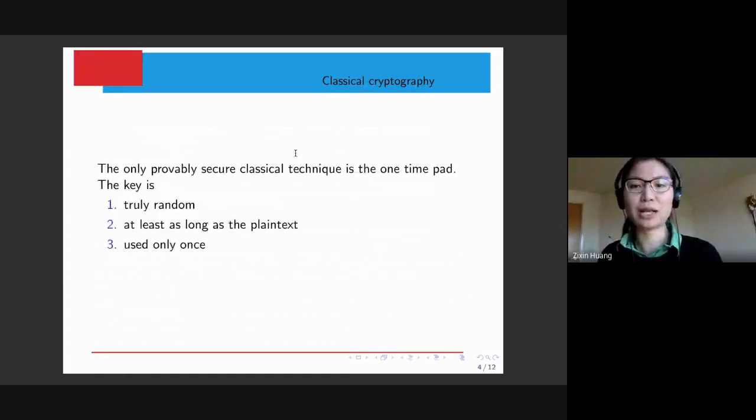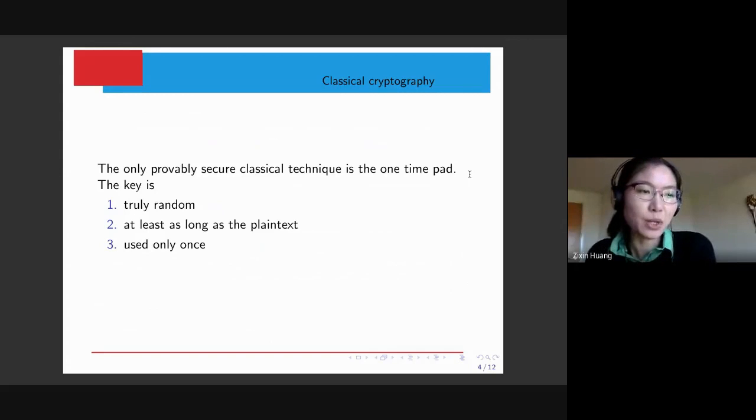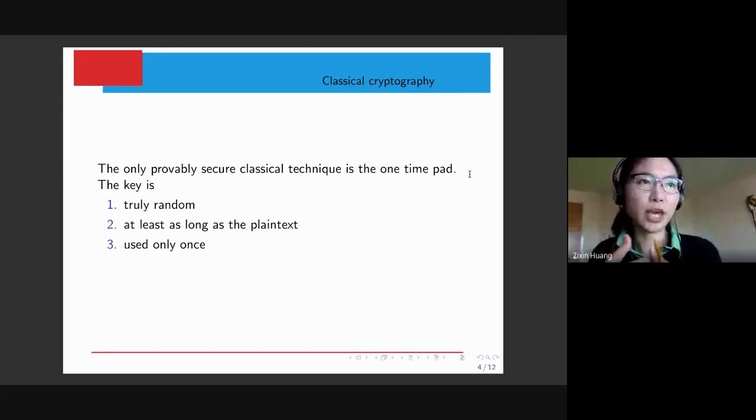So going back to classical cryptography, the only provably secure classical technique is the one-time pad. So this is when you have a truly random key between two shared parties. Conventionally, we have two communicating parties, and we call them Alice and Bob. So here, Alice and Bob would share a secret key of n bits.